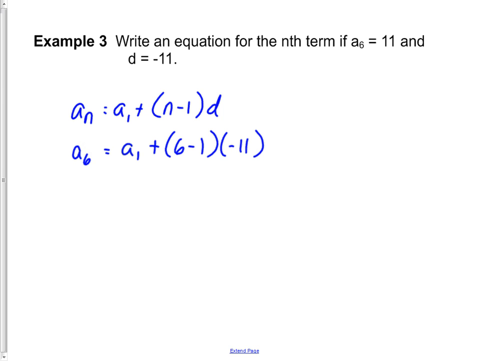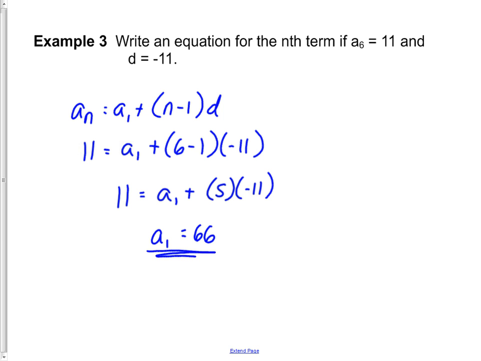And we know a sub 6 is 11. So now I should be able to solve for a sub 1. 11 equals a sub 1 plus 5 times negative 11. So that would be negative 55. If I add 55 to both sides, a sub 1 will be 66.